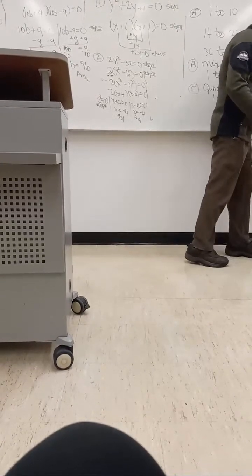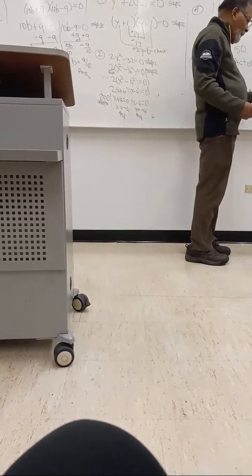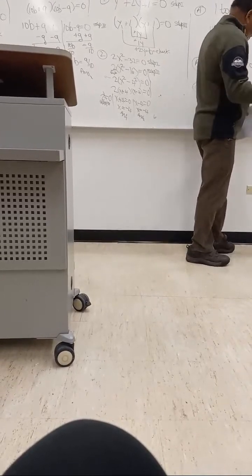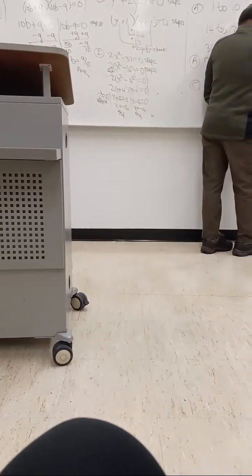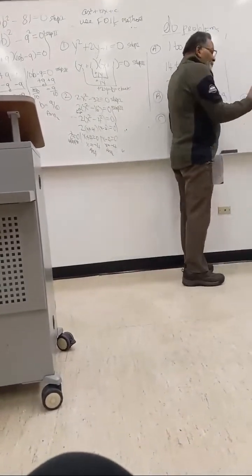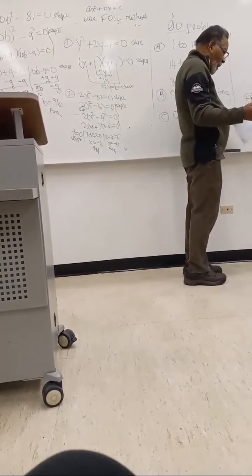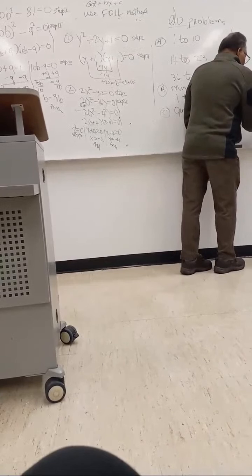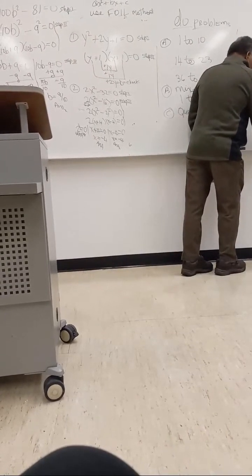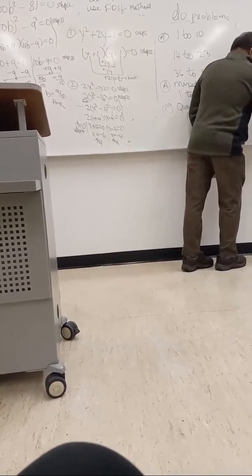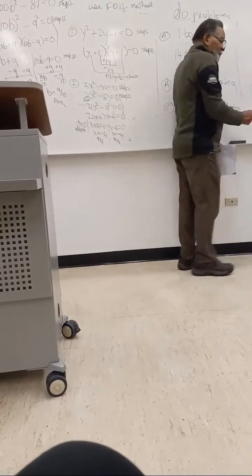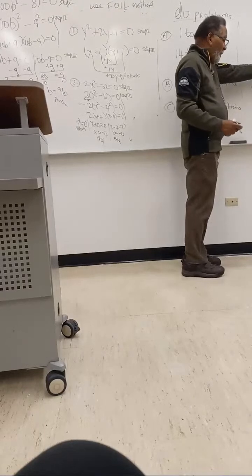So that's step 1. Step 2, factor completely. So I draw my blueprint. The factor of y squared is y. Y times y is y squared. That's the FOIL method.